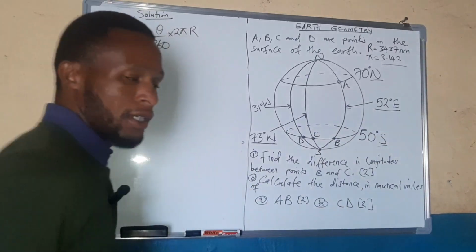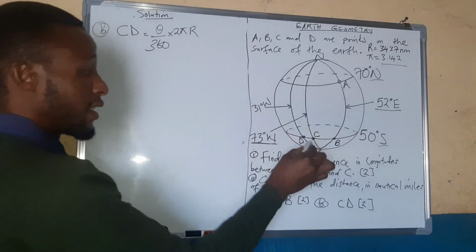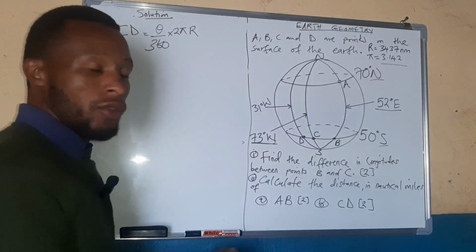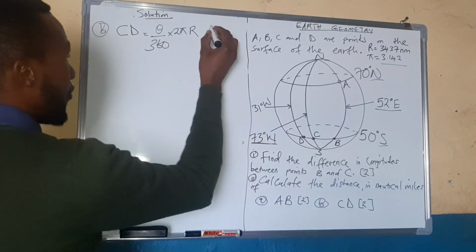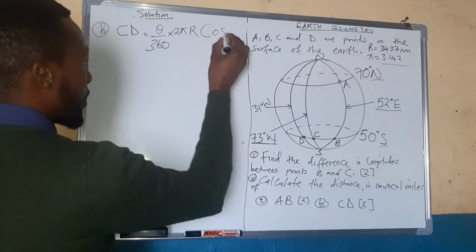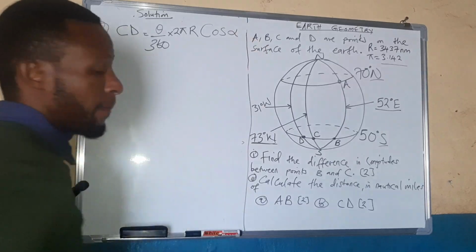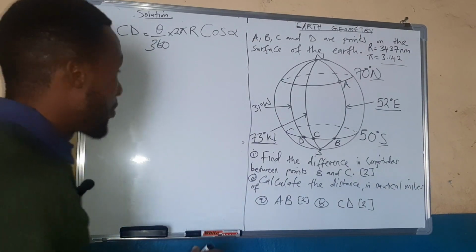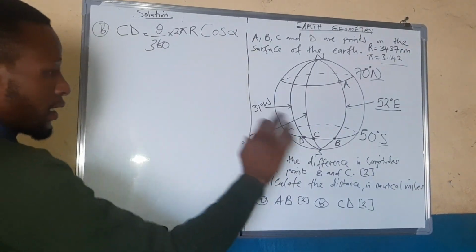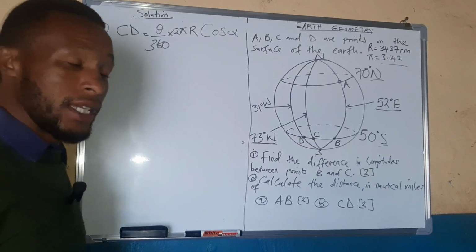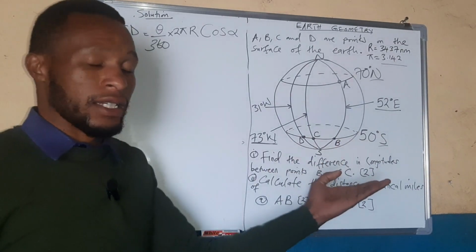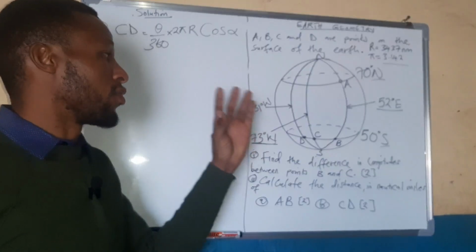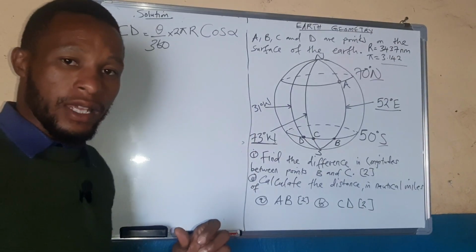But this one is not 0 degrees, meaning it is not a great circle. So for small circles, in the formula for distance you put cos alpha. This shows that this is not a great circle. The reason is that for all small circles, their radius is not equal to the radius of the earth.